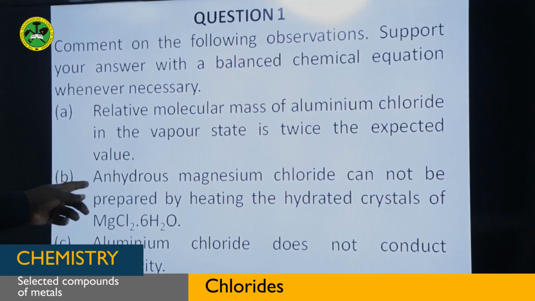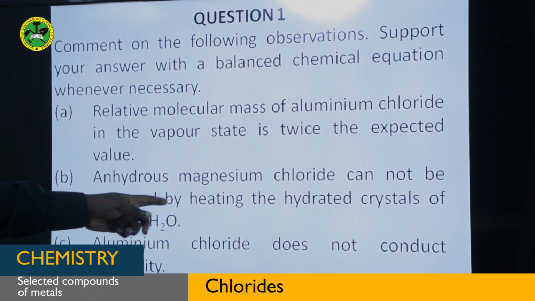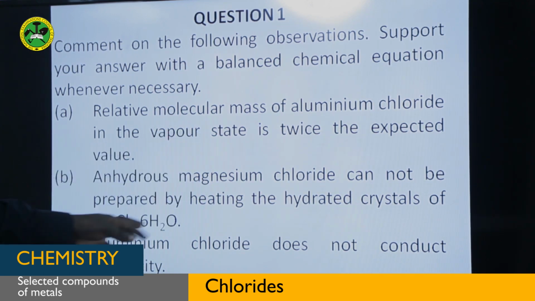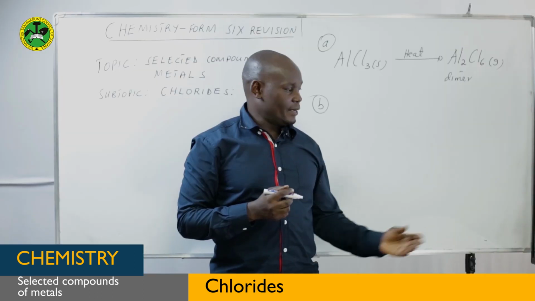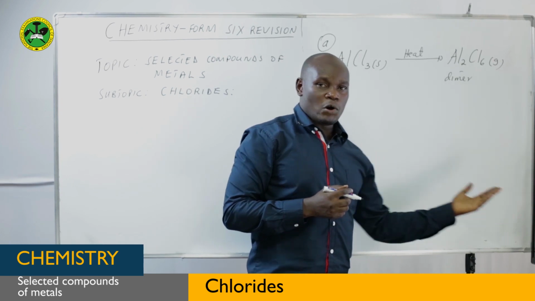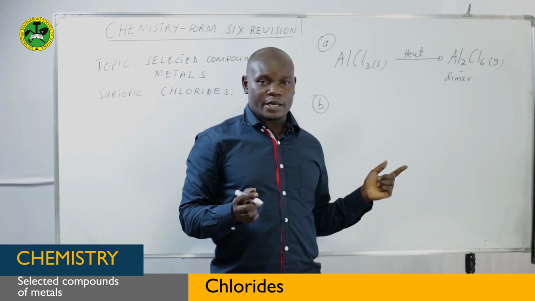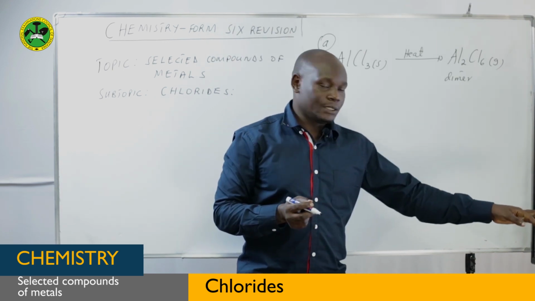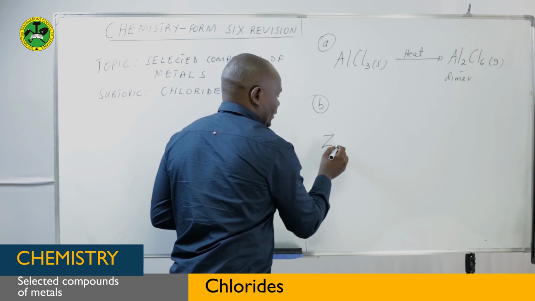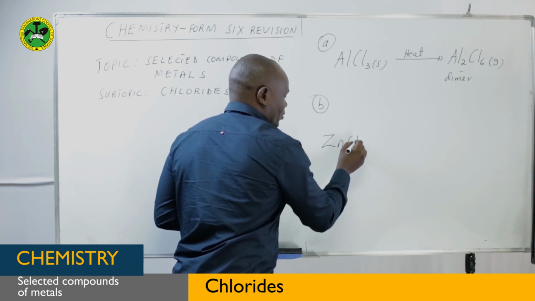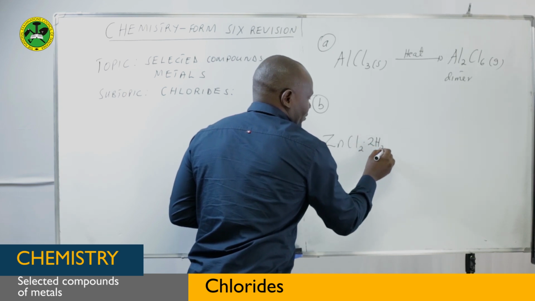The second part, which is B, is that anhydrous magnesium chloride cannot be prepared by heating the hydrated crystals of magnesium chloride. And here, I think you remember when we were discussing the action of heat on metal chlorides. We talked about, for example, the hydrated form of zinc chloride that has 2 waters of crystallization.